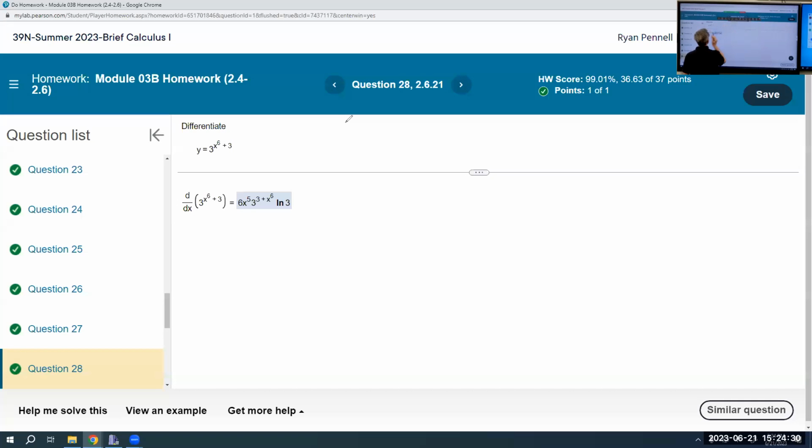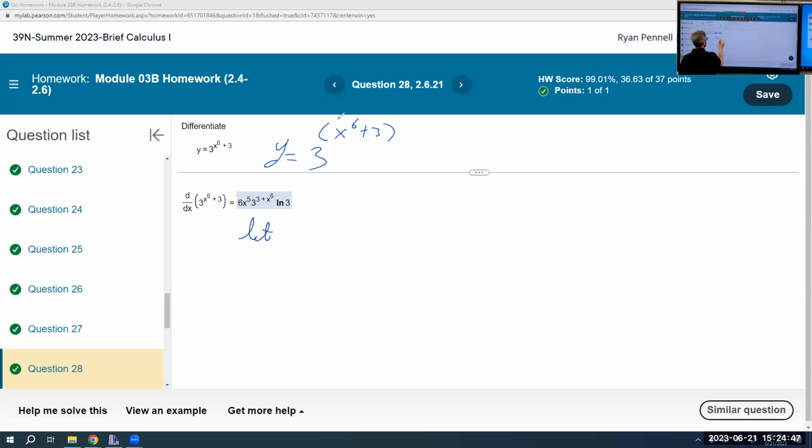What about this one? Now, y equals 3 to the x to the sixth plus 3. Well, I think now it might be time to use chain rule.